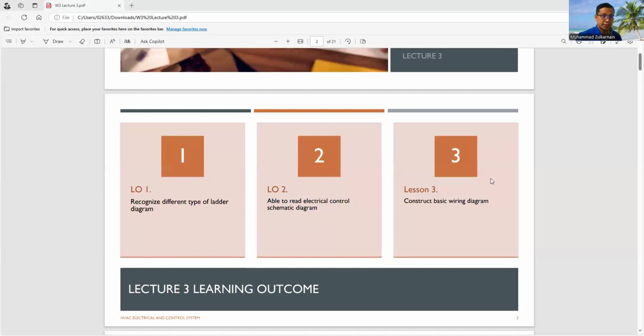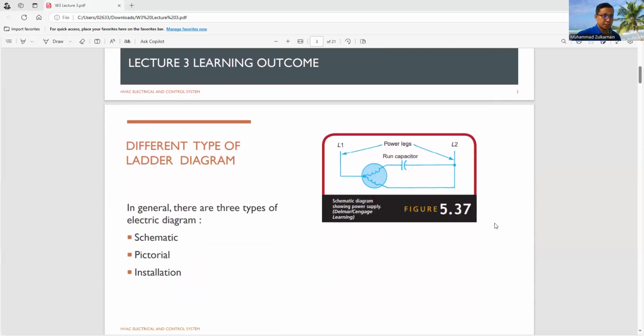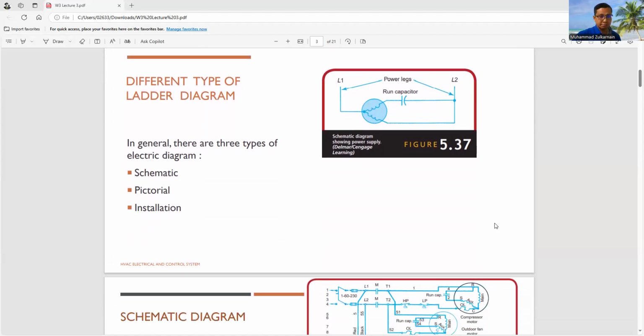The second LO is to be able to read electrical control schematic diagram. And the last is to construct basic wiring diagram. So by the end of this lecture class, you should understand how to read this circuit system in the HASBEC system.